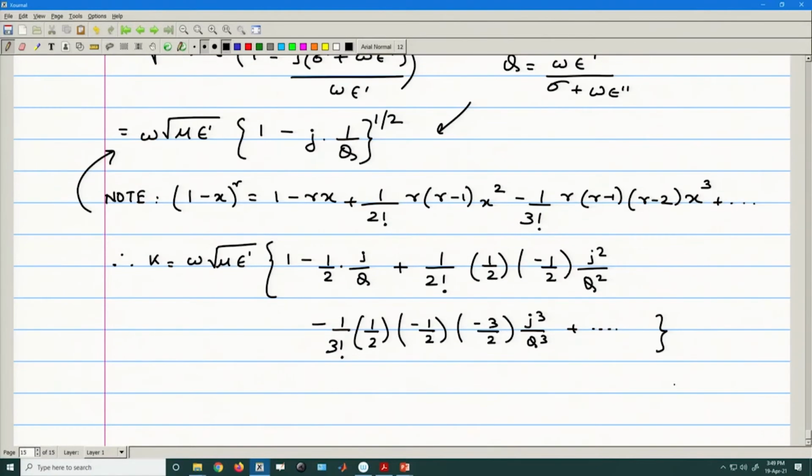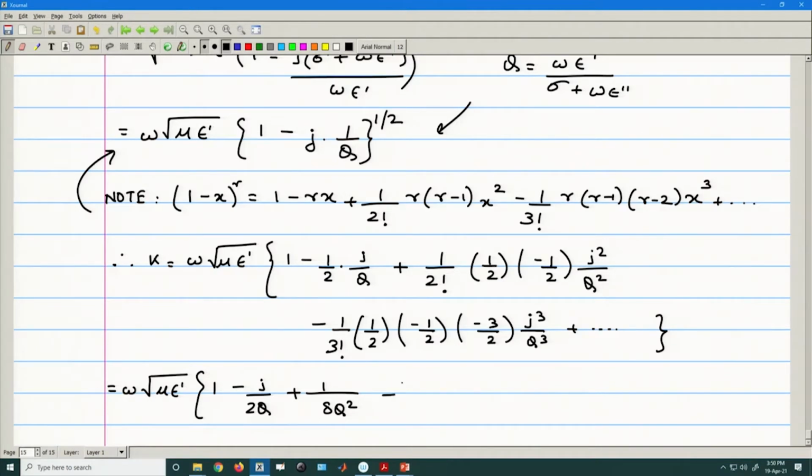Now, on further simplification, we can write this as omega mu epsilon prime. The first term is 1, then we are having minus j by 2q plus, this is 2 factorial, so 2 factorial is 2. So 2, 2, 2, 2 to 4, 4 to the 8. So, 1 by 8, and this is j square, and this minus we will get plus, so q square.